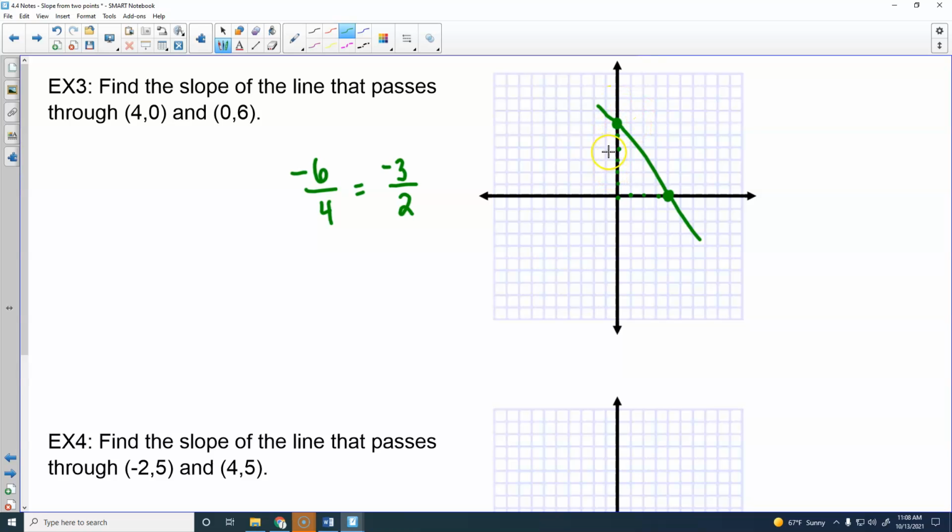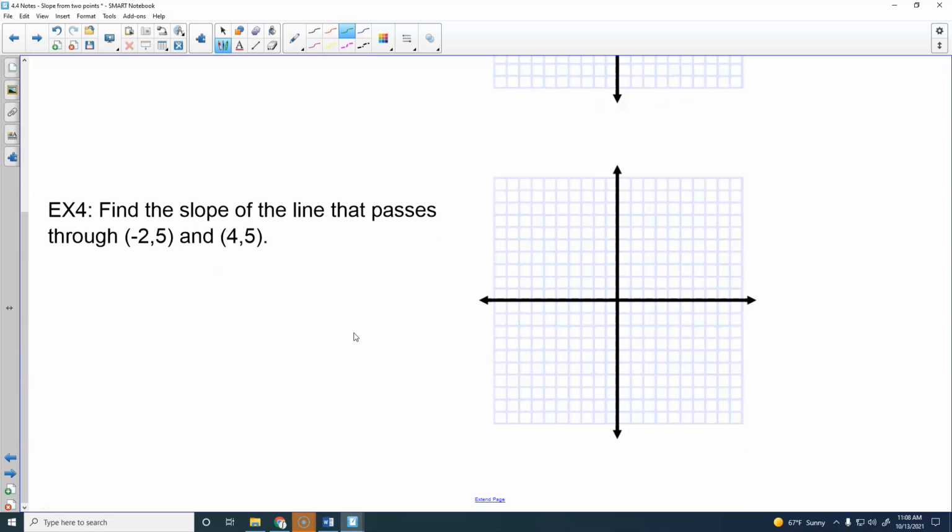So if you've got that right, then you've got to make sure you go up or down first, so you've got to go down 6. You may have gone left or right first for that one.